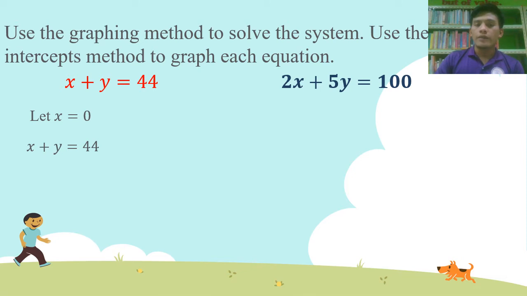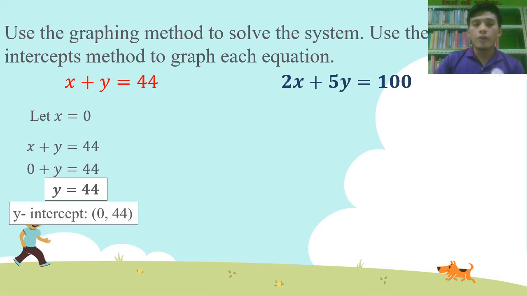The given problem, x plus y is equal to 44. Substitute the value of x: 0 plus y is equal to 44. Then simplify. Our value of y is equal to 44. Therefore, our y-intercept is (0, 44).